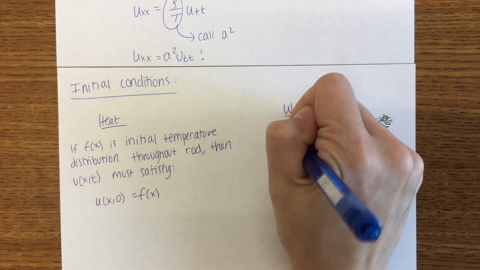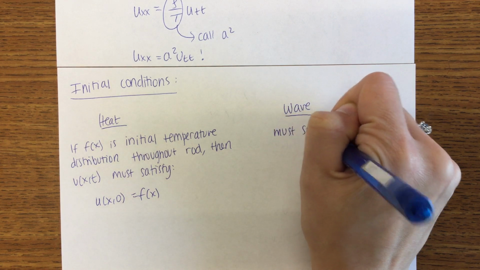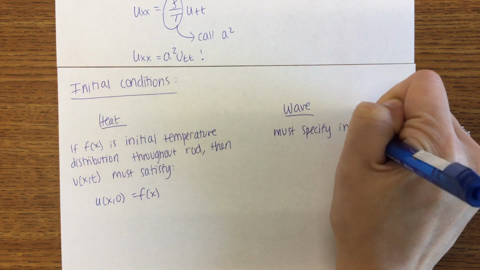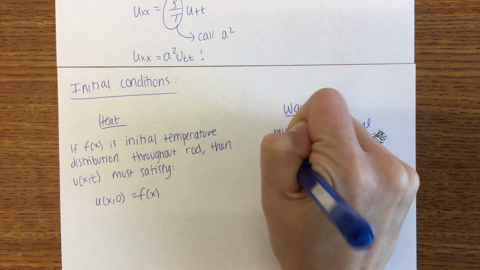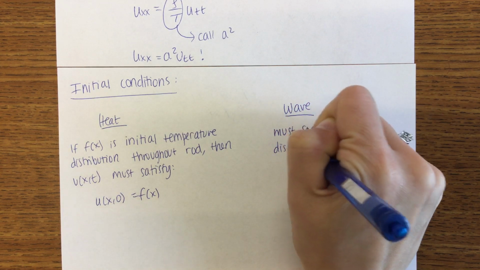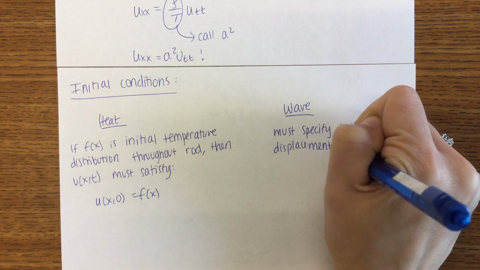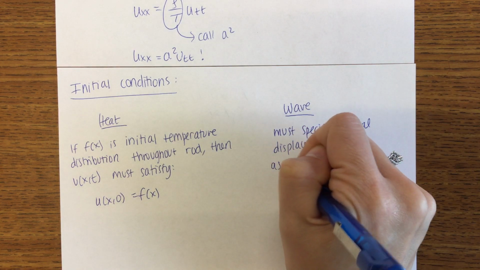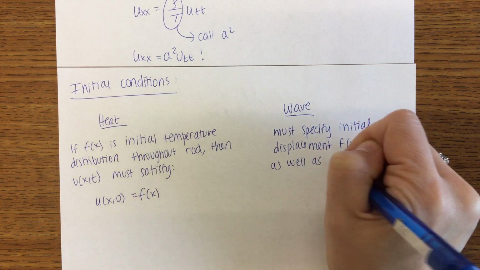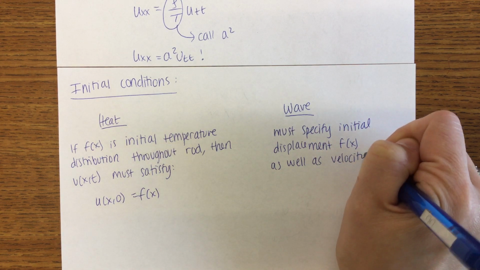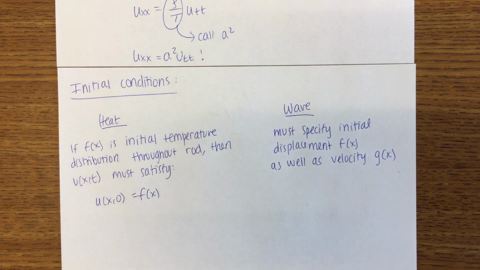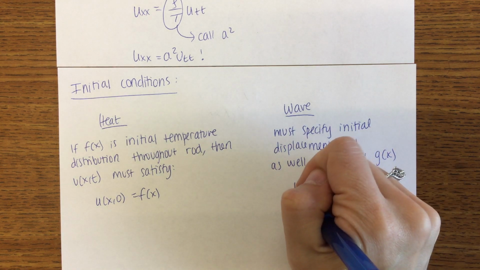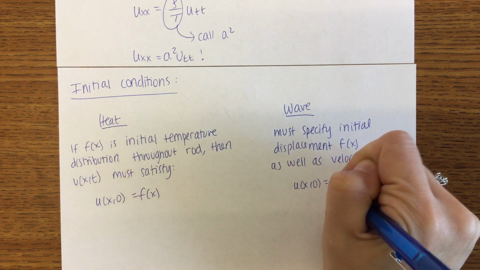For the wave equation, we must specify the initial displacement, which we're going to call f of x, as well as the initial velocity, which will be g of x. So initial displacement will look the same. u of x,0 equals f of x.